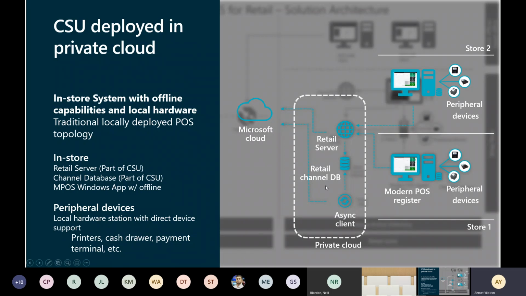So we have the components still here, and some stores, or maybe the old stores, connecting to this one, and we can create additional scenarios. There could be more than one private cloud. Please also bear in mind that each store scale unit installation means another retail channel DB, and then you have to manage separately the data group of it.